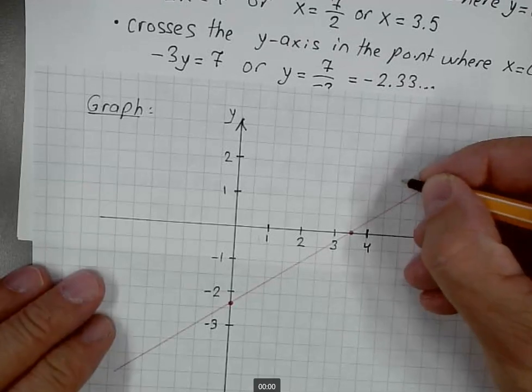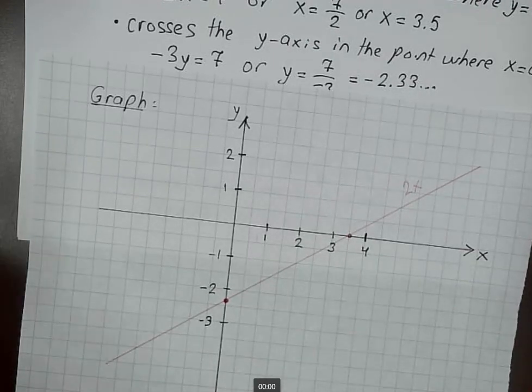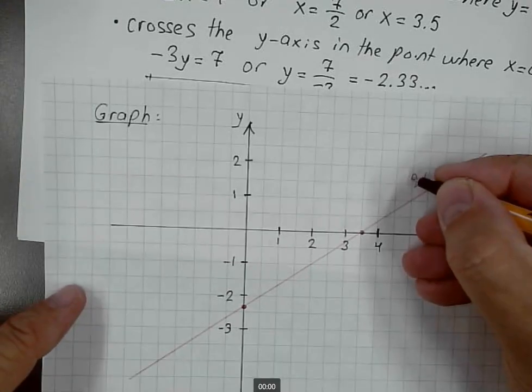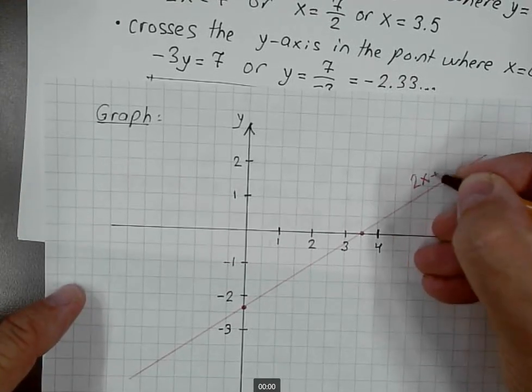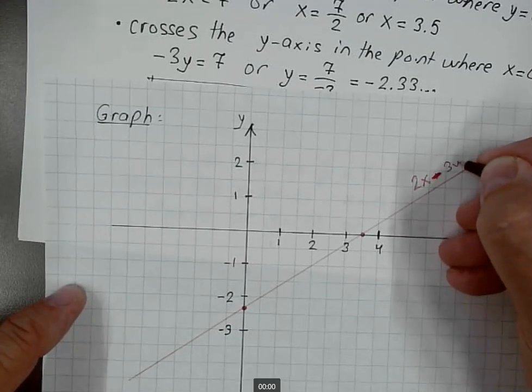This is the first line. 2x plus, oh sorry, minus 3y equals 7.